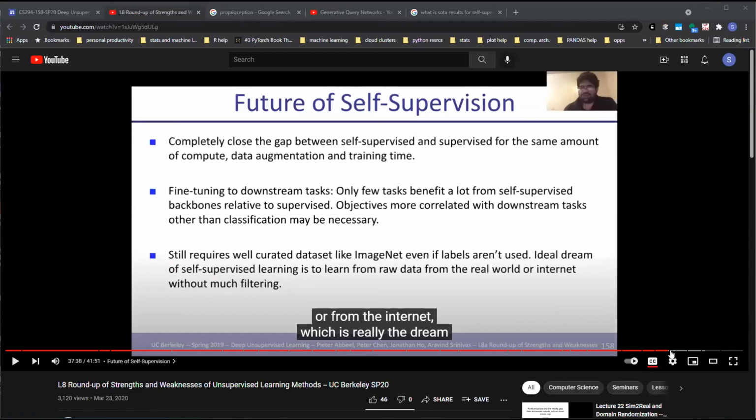And for that, let me see whether I can get to share the... give me a minute. I'll play this video. Yeah, that's the one. Okay, can you see my new screen now, which says future of self-supervision?